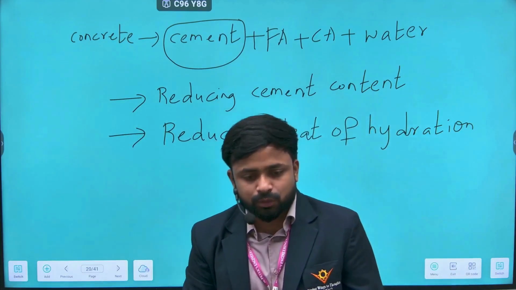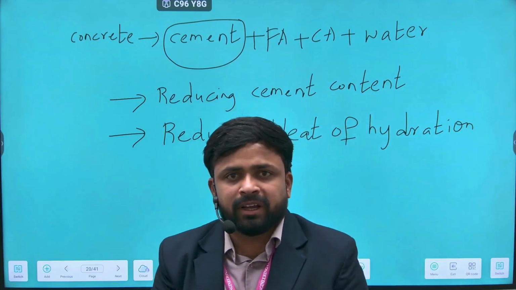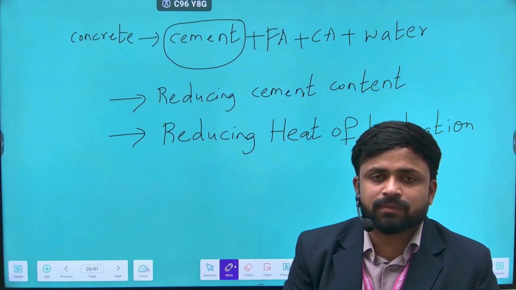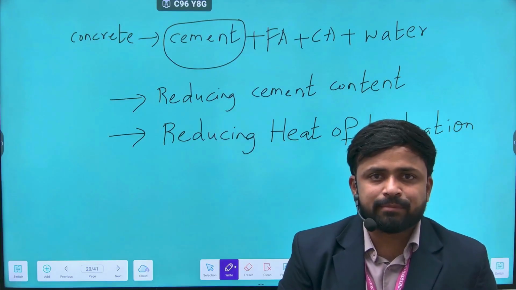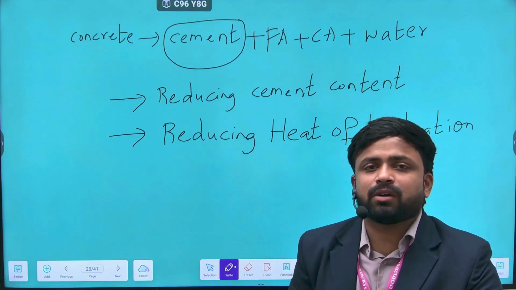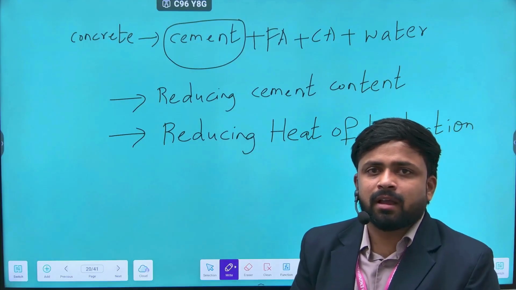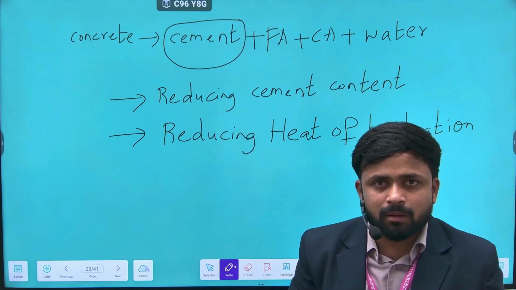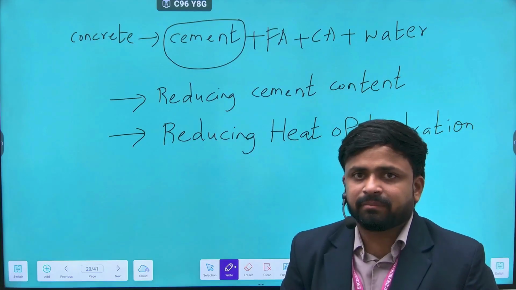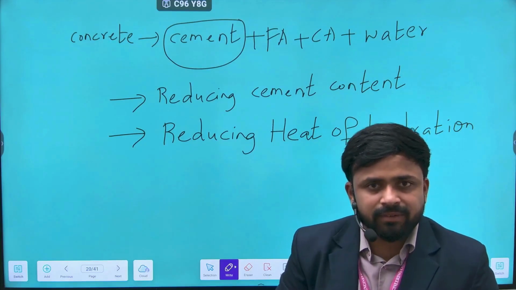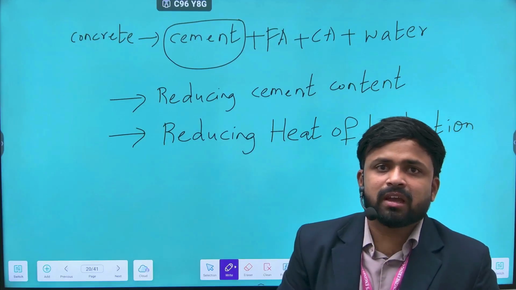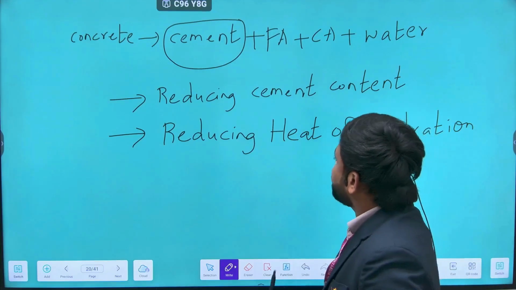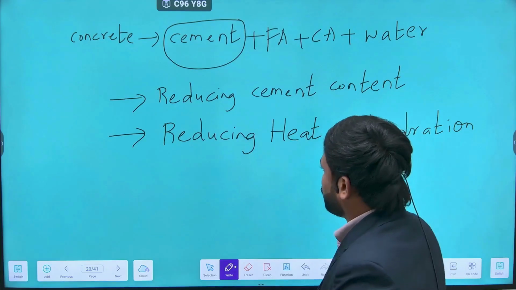Heat of hydration is the amount of heat produced during the addition of water to the cement. When we are constructing large structures like dams, we need mass concreting, we need to prepare and pump a large amount of concrete. At that time a large amount of heat is produced. There we can use these mineral admixtures, thereby reducing the amount of cement and the heat of hydration also.